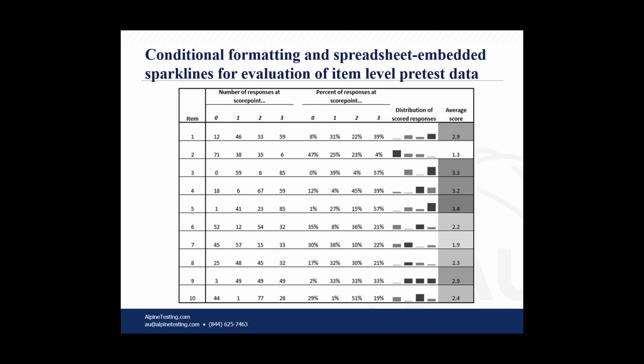So for each item, say this is an example of 10 items that came back from pilot testing on a constructed response test, where each item has a possibility of 3 points. This table shows the distribution of scores, how often people get different score points, to help us get an idea of the difficulty of the item.